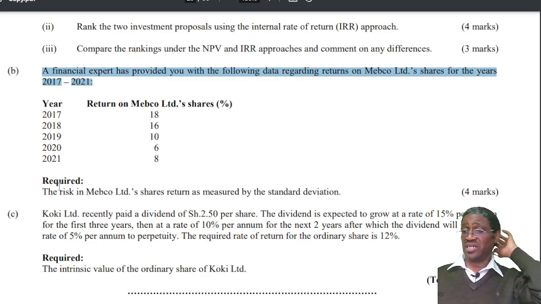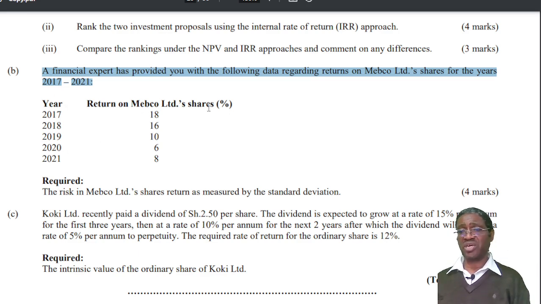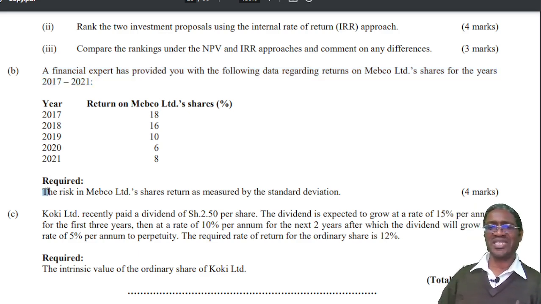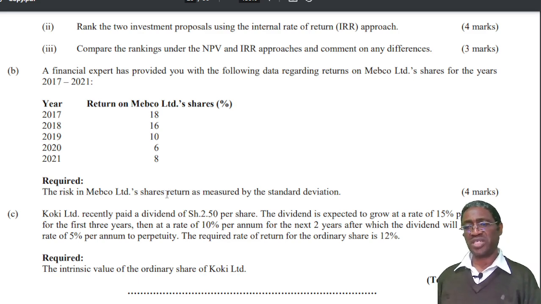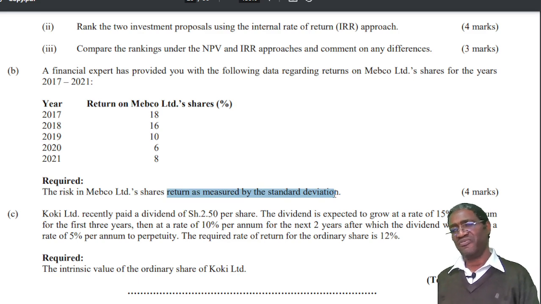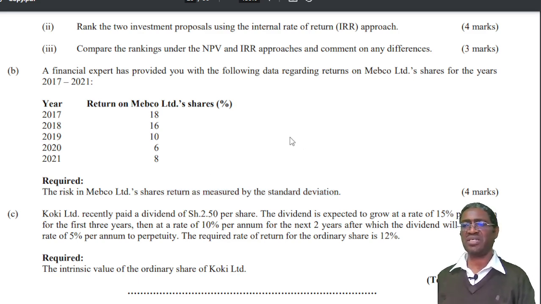You are given the years and the returns. Then you are told, required: calculate the risk of the company shares returns as measured by the standard deviation. So we are computing the standard deviation of these returns.